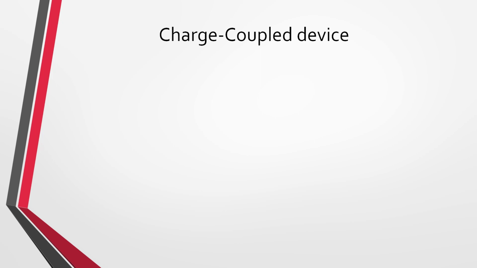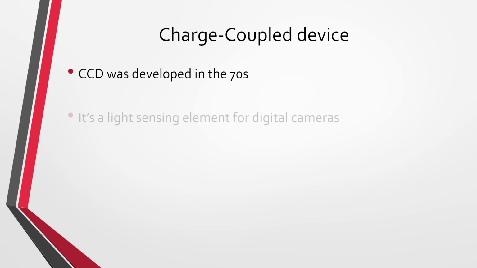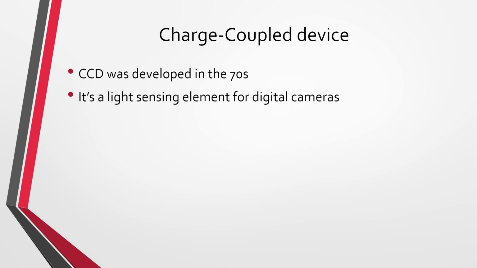Where the TFT you can have direct or indirect capture, this is only indirect capture. So we're talking about charge coupled devices. CCDs were developed in the 1970s. So Y2K compliant, 1970s. It's a light sensing element for digital cameras.